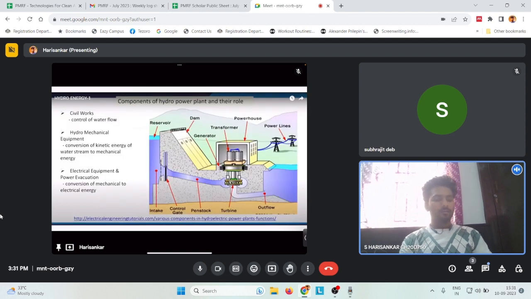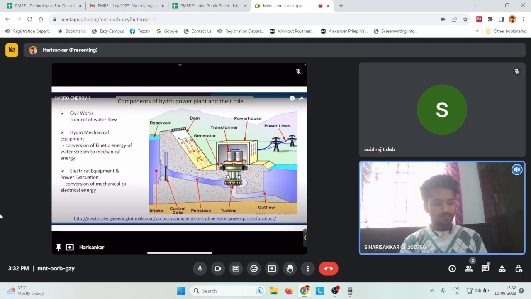This is a very simple demonstration of how we can generate electricity using dams or reservoirs. You have these dams here. Water will fill up to a level in the dam, and from here the water will start flowing from the dam, and this water will have kinetic energy.